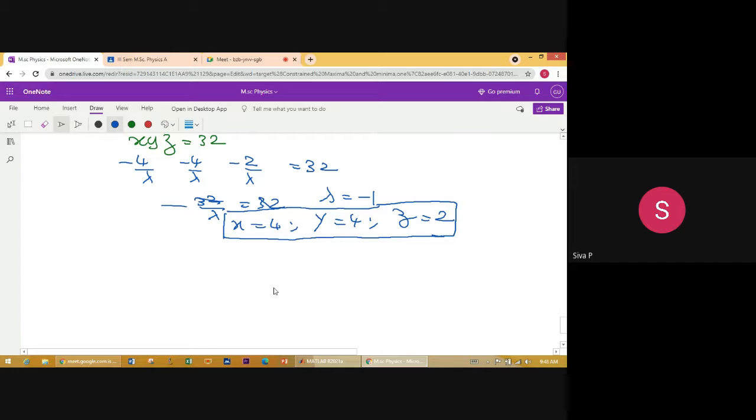So the dimensions of the box are 4 centimeter, 4 centimeter, and 2 centimeter. Okay, this method is called Lagrange's method of multipliers.